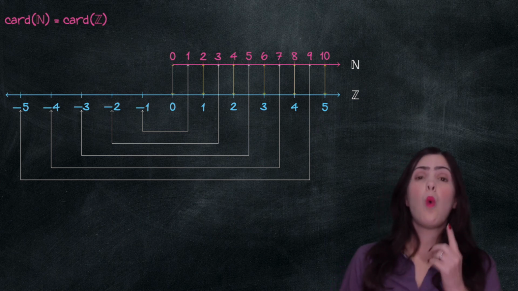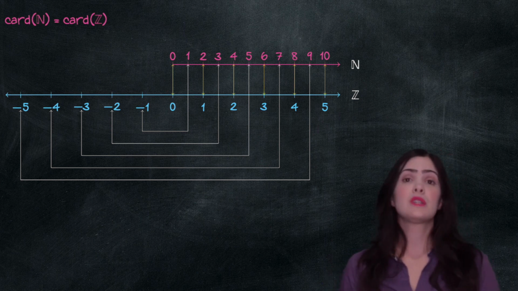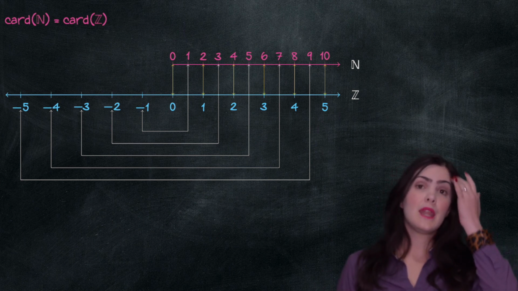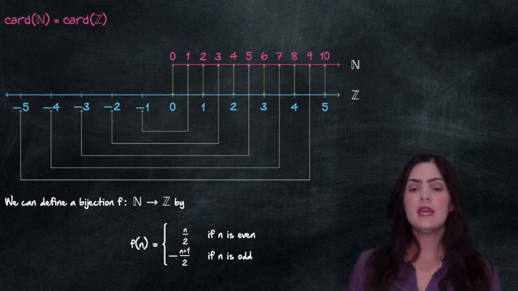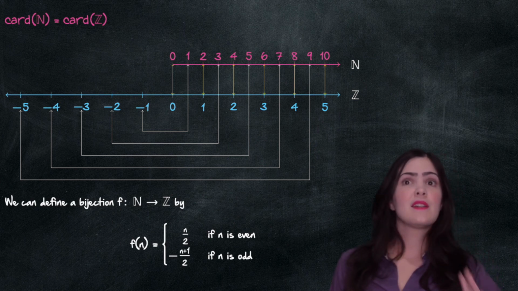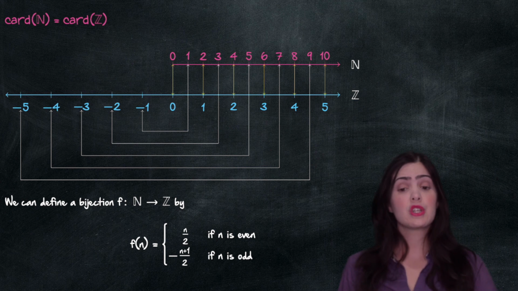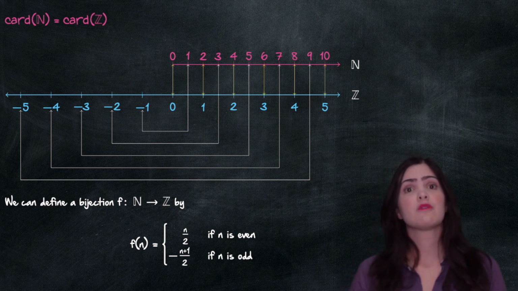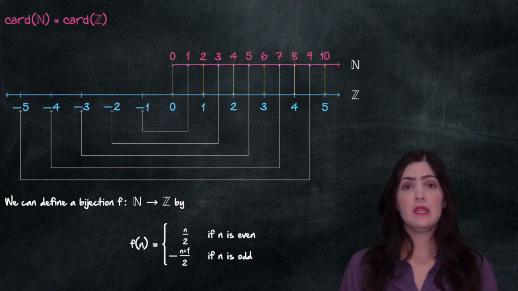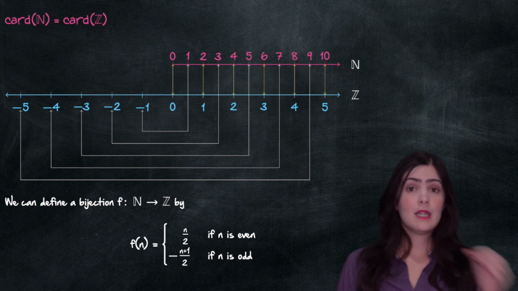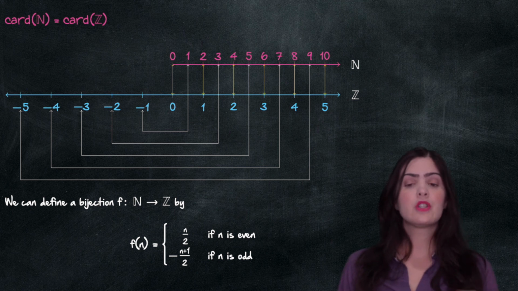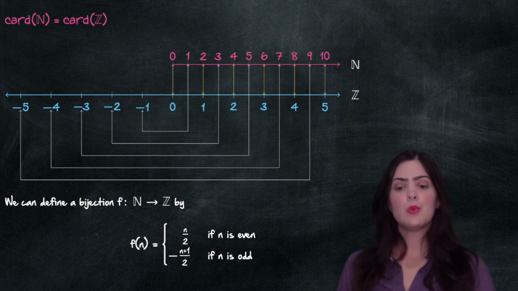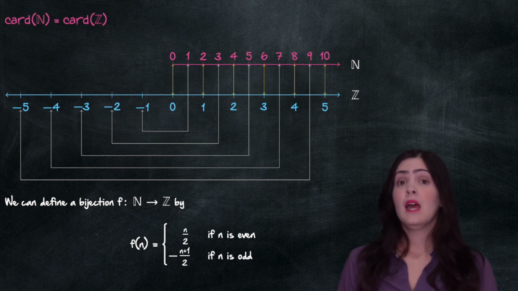Since we managed to find one bijection between these two sets, that immediately tells me that the two sets have the same cardinality. And here we can see how we can define this function that I just gave you in pictures. We're defining the bijection from the naturals to the integers to be, for any natural number n, f(n) is n over 2 if n is even, and negative (n plus 1) over 2 if n is odd.